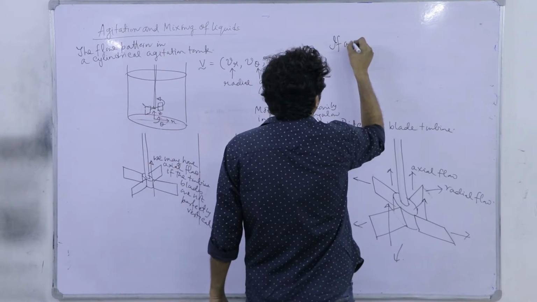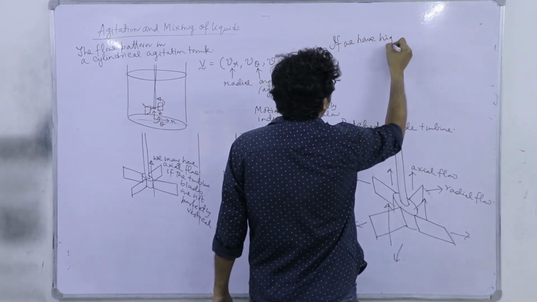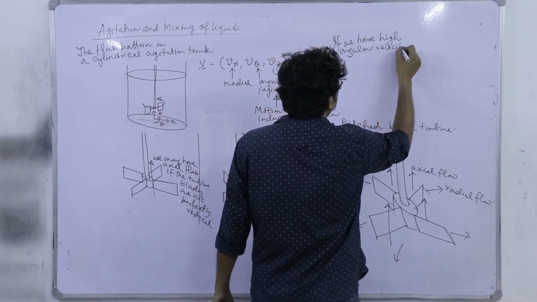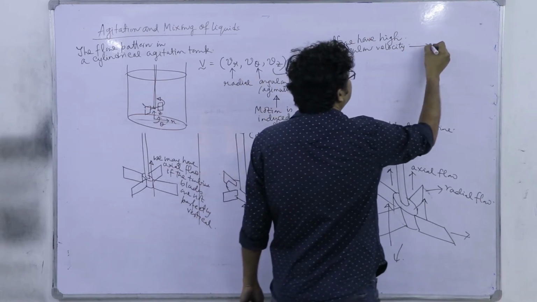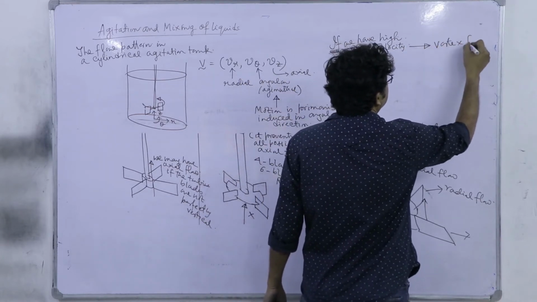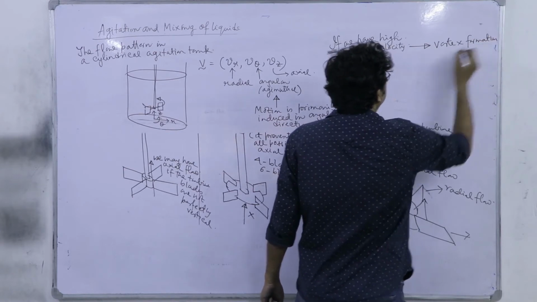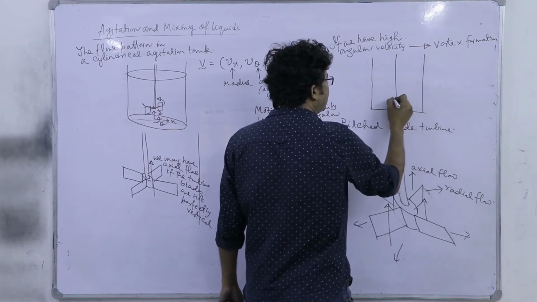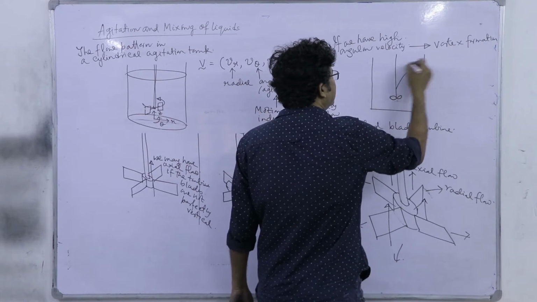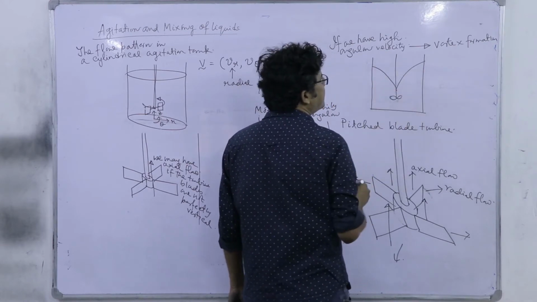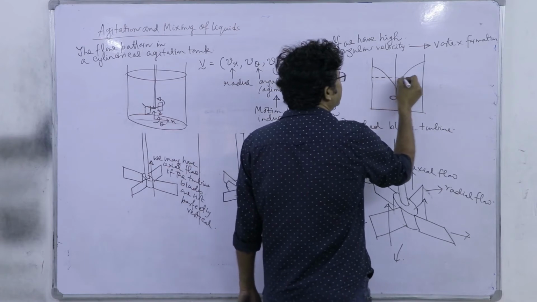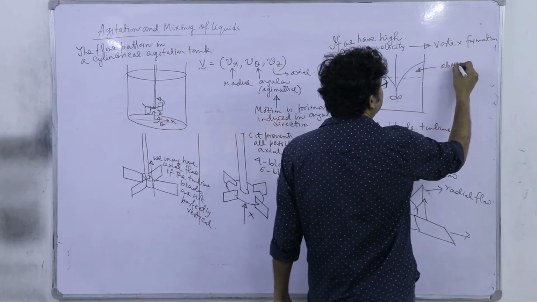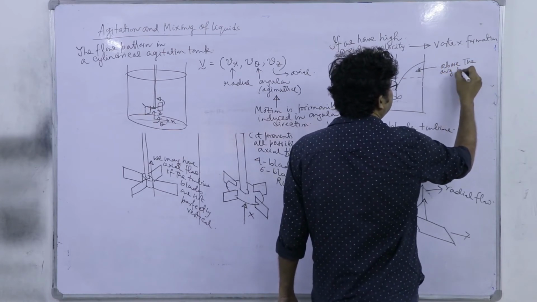If we have high angular velocity, there will be vortex formation. That is, if the shaft is here, the liquid will assume a shape like this, right. The average height is somewhere over here. So this part of the liquid is above the average height.